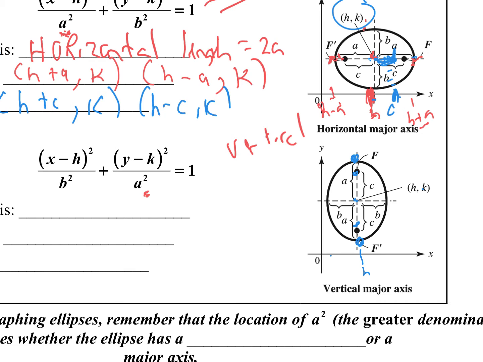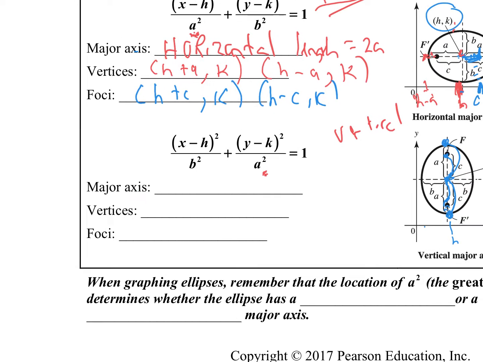I go up k. But now I got to take k and add a to get that one. Take k, subtract a to get that one. Take k and add the c value to get to that one. Take away c to get to that focal. Let's say I can repeat myself.